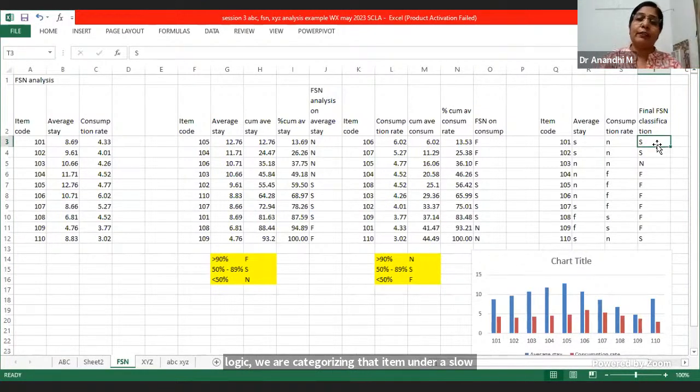For example, in a departmental store, there is rat poison. Rat killer or rat poison is a very, very rarely consumed item. You still keep that. Based on the average stay, it will be on the shelf for a longer period of time, and the consumption rate will be very, very low compared to all the other items consumed in your stores.